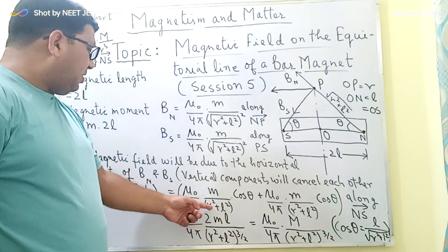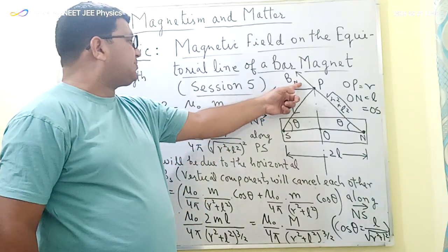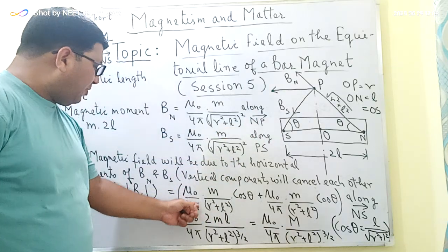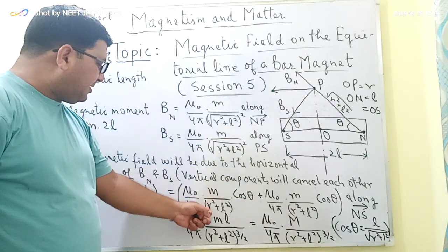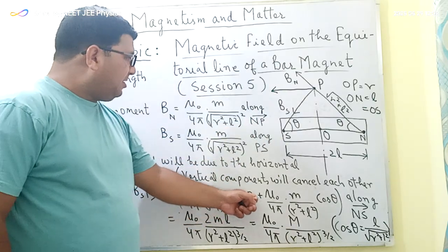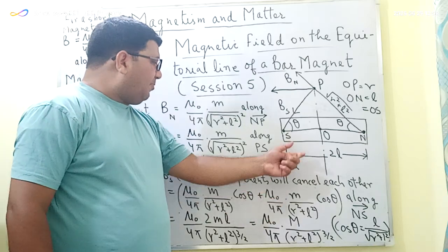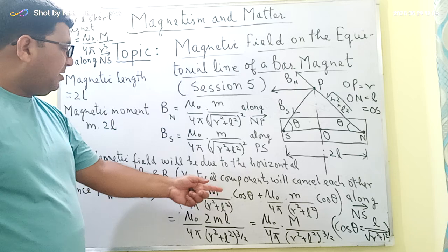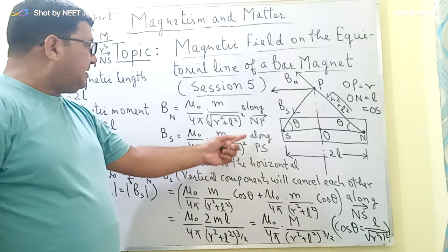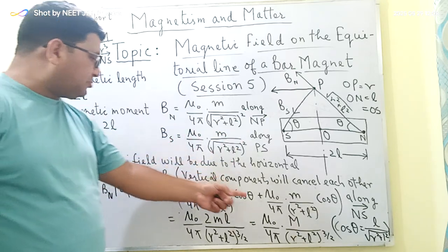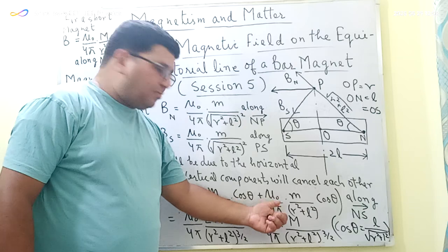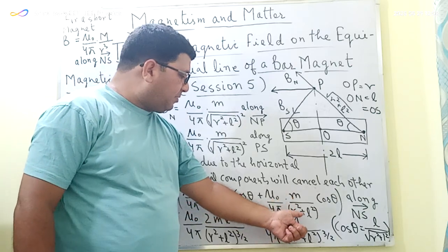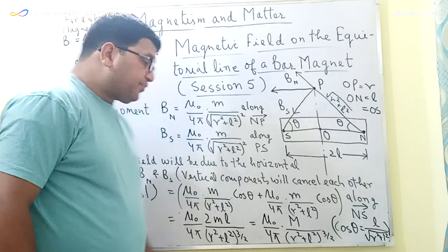So the horizontal component of the magnetic field due to the north pole will be equal to mu naught upon 4 pi into M divided by R square plus L square into cos theta, plus the horizontal component of the magnetic field due to the south pole, which will also be the same, that is mu naught upon 4 pi into M divided by R square plus L square into cos theta.